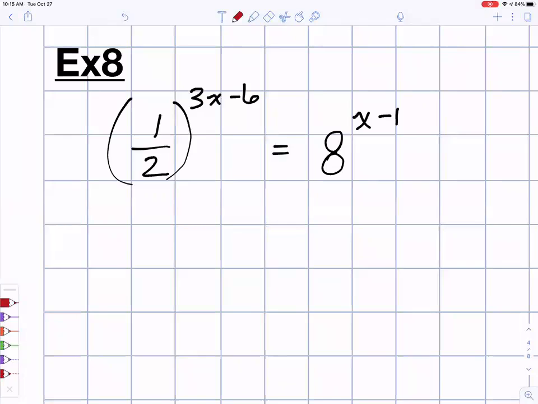And does it work for both sides? You plug it into the original, right? I would, okay, because at least you know that is right. Okay. It worked when I plugged it in.